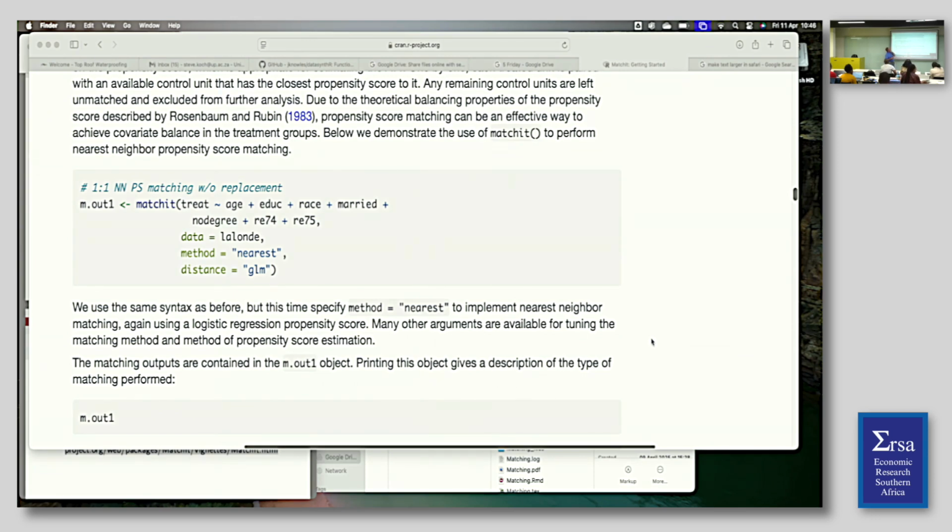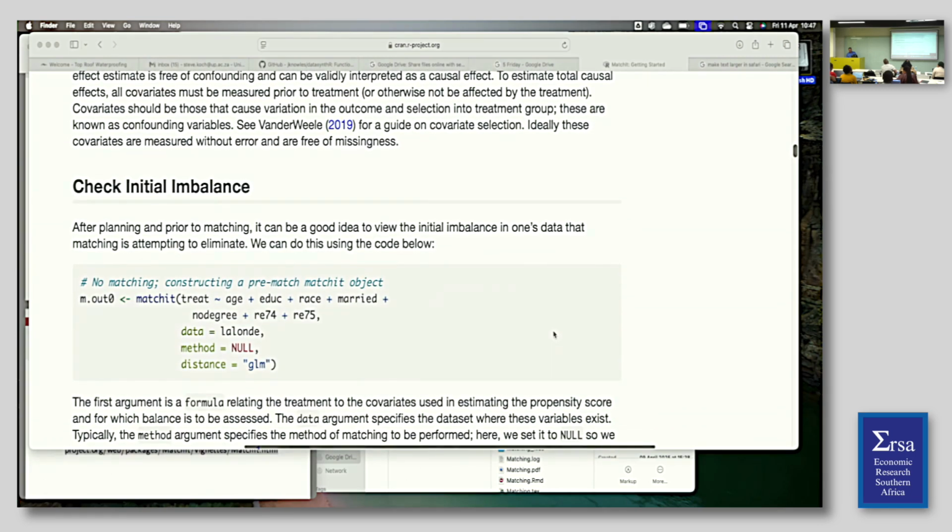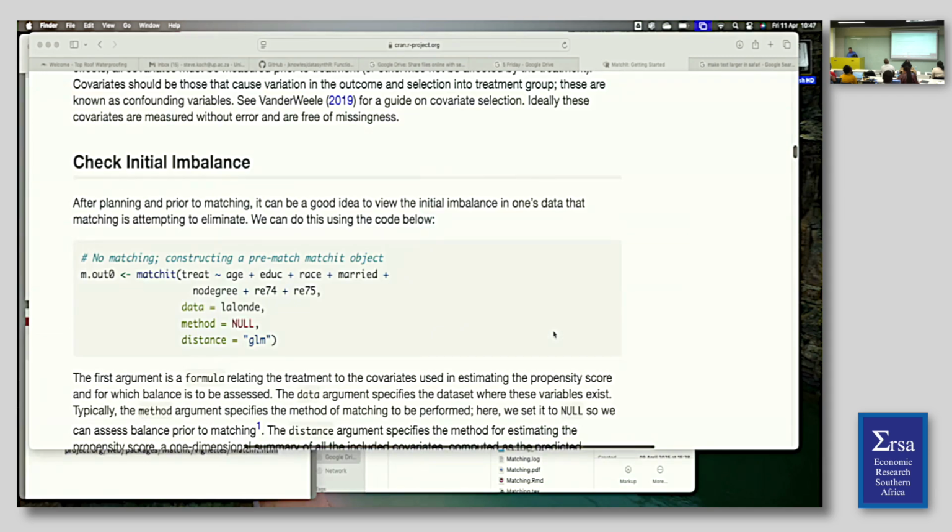This is nearest neighbor propensity score matching. So again, we've got the distance measure, which is the propensity score, same data, basically the same quote unquote regression. All right, the difference in the formula is quite small. But in the initial data, no method at all was applied.